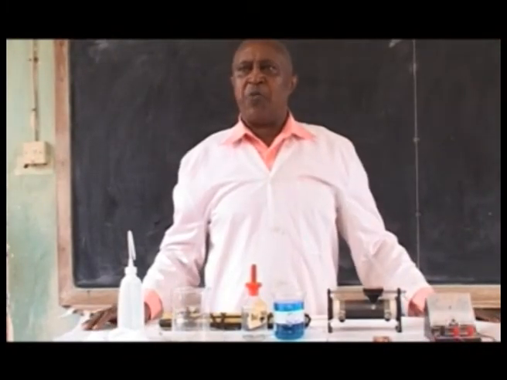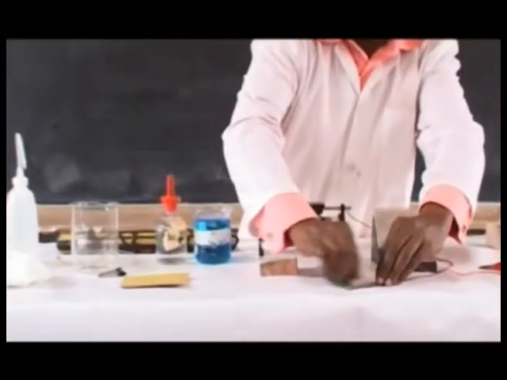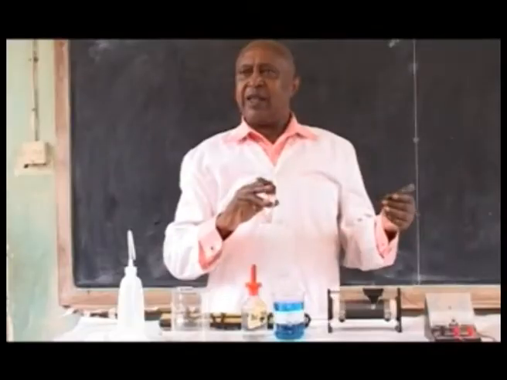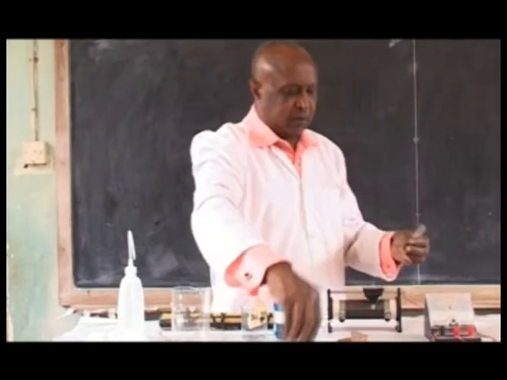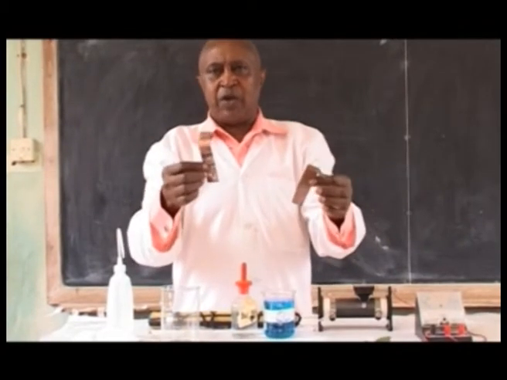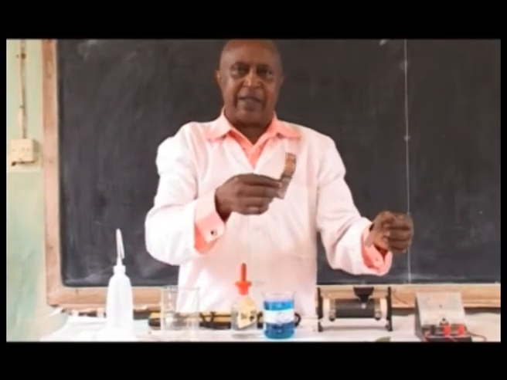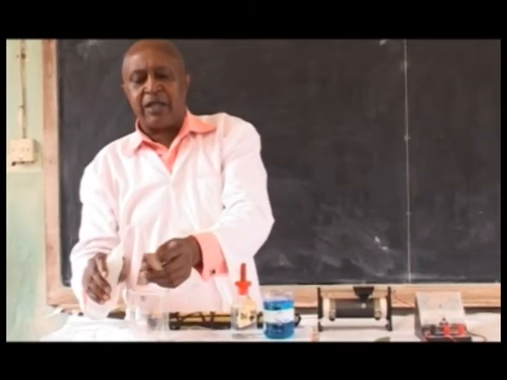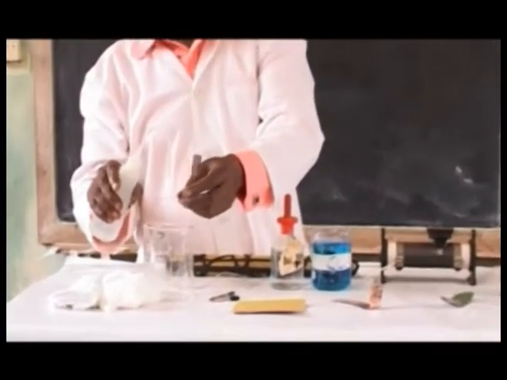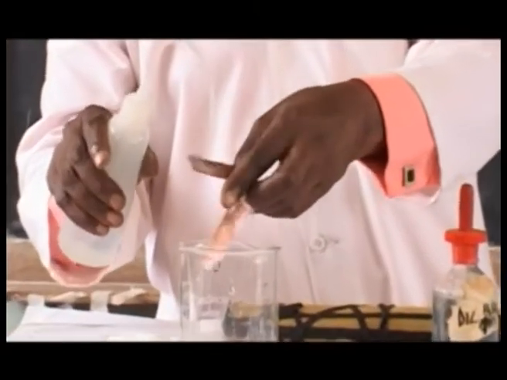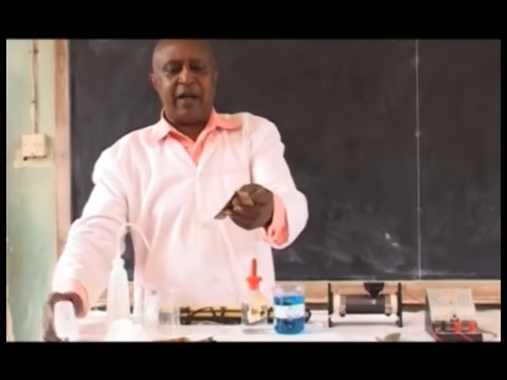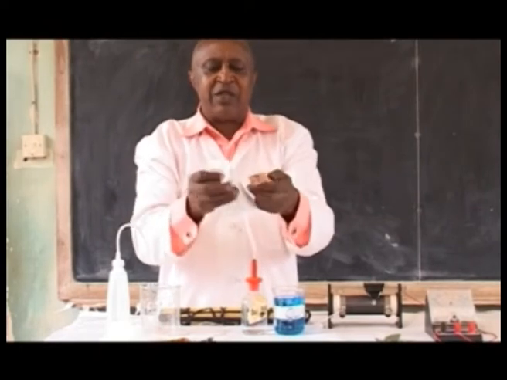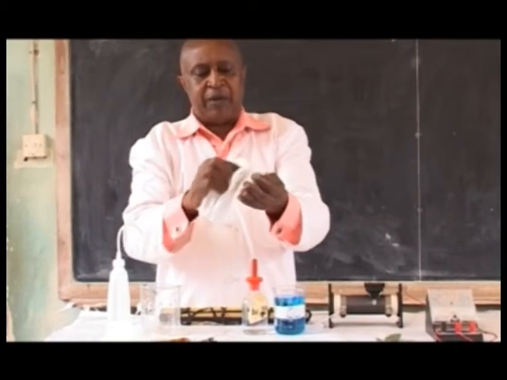Take two copper electrodes and clean them thoroughly using sandpaper. Here are the two electrodes already cleaned with sandpaper. Clean them further using distilled water, and after cleaning with distilled water, dry them thoroughly using tissue paper.